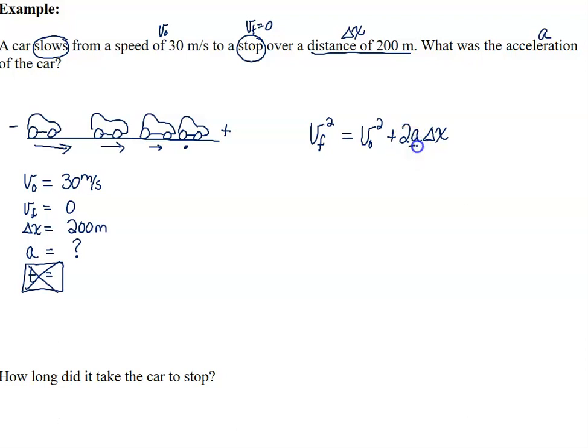So that's going to be a. So my first step is to isolate the term, which means I'm going to move my initial velocity to the other side by subtracting it. So I'm going to have final velocity squared minus the initial velocity squared equals 2a delta x. Now isolate the variable, so I'm going to divide by 2 and delta x.